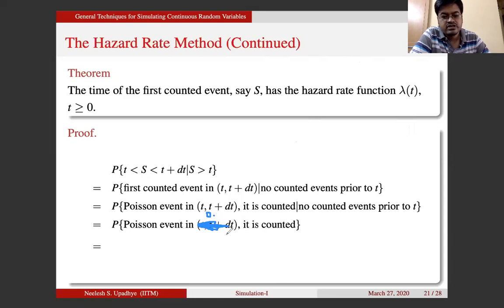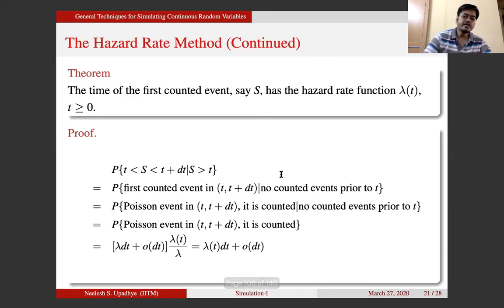If you recollect the first definition of the Poisson process, the probability of this is actually lambda times dt plus o(dt). Remember, lambda h plus o(h).